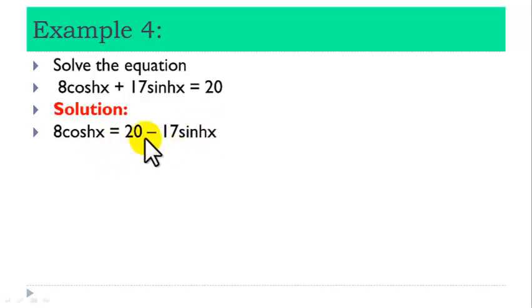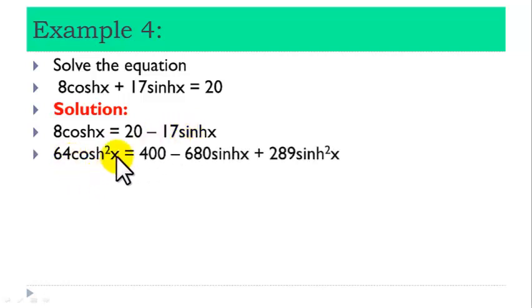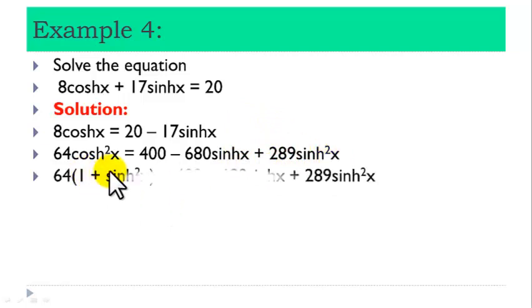Now squaring both sides of this equation, we obtain 64 cosh squared x equal to 400 minus 680 sinhx plus 289 sinh squared x. But cosh squared x is equal to 1 plus sinh squared x. Then this is equal to 400 minus 680 sinhx plus 289 sinh squared x.